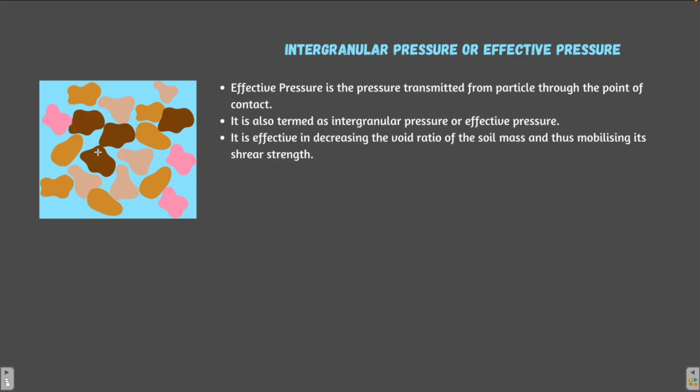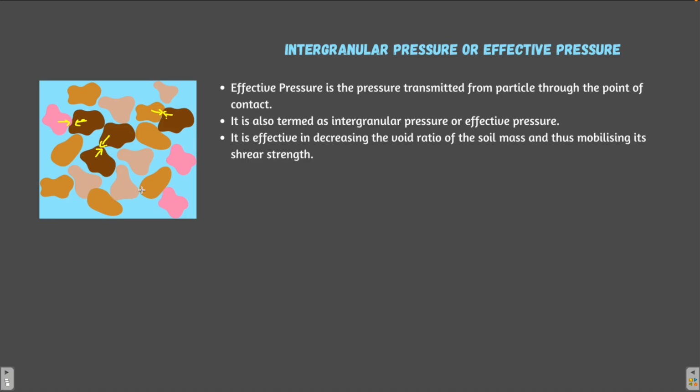You can see that the soil particles are in contact. The particles of the soil are in contact. So this grain will transmit a pressure to this grain, and this grain will again transmit a pressure to this grain. Whenever the soil is in contact, there will be pressure exerted by the soil grains on each other. You can see I'm marking these.